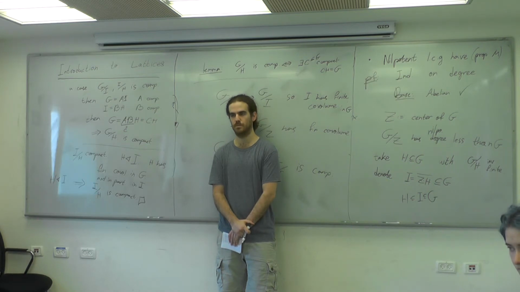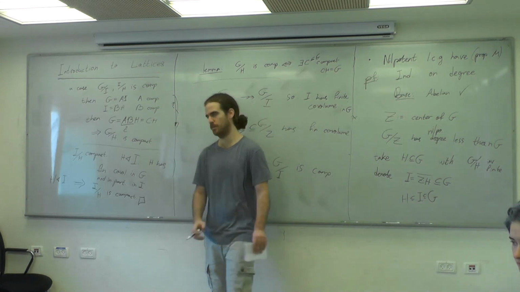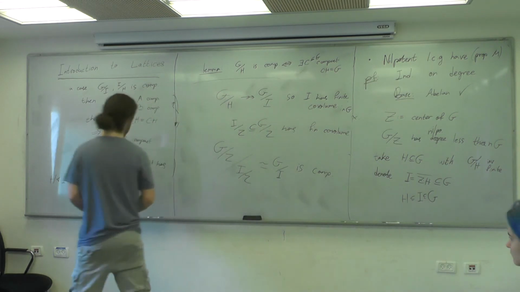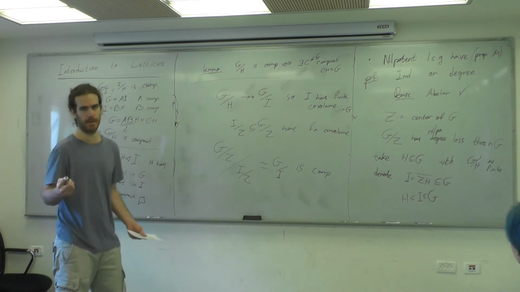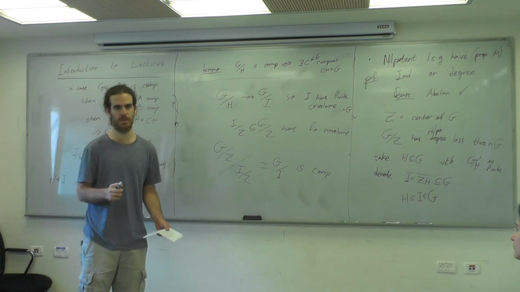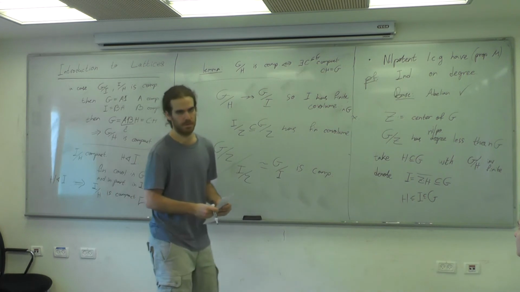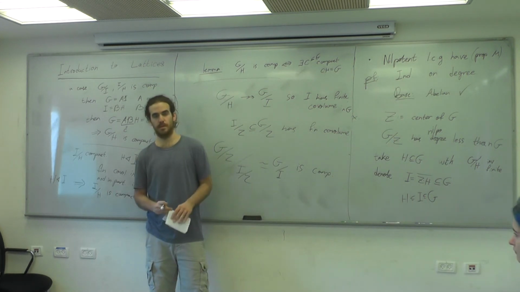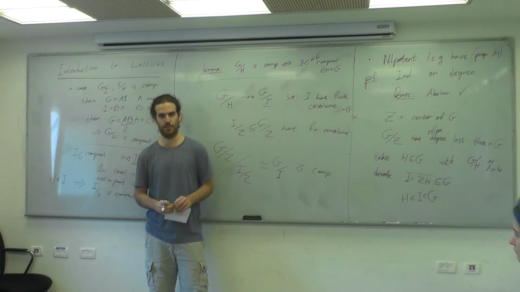So it is normal in ZH, hence the closure of H is normal in the closure of ZH, but H is closed. So H is normal in I. So a corollary is that central extensions preserve property M, indeed.